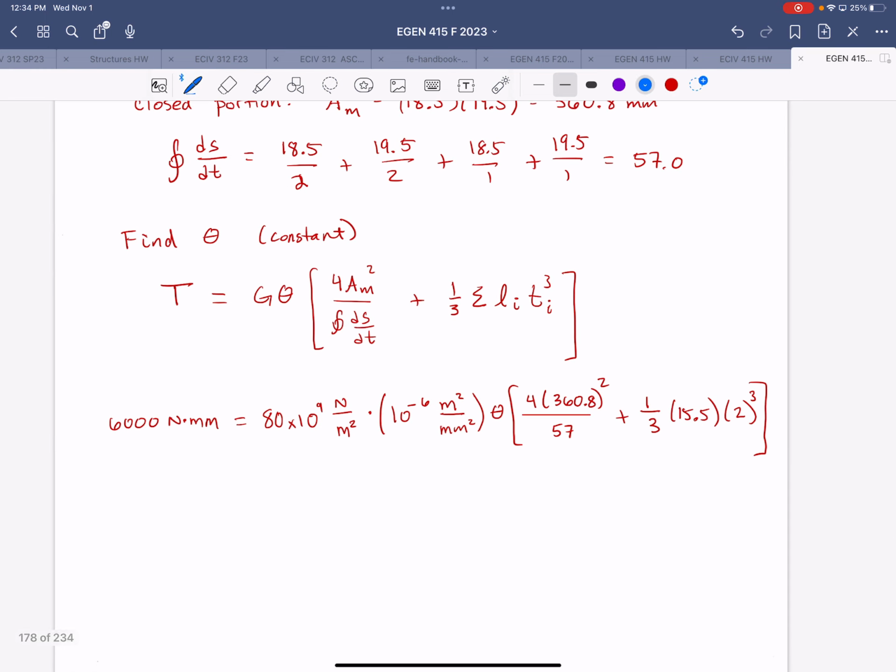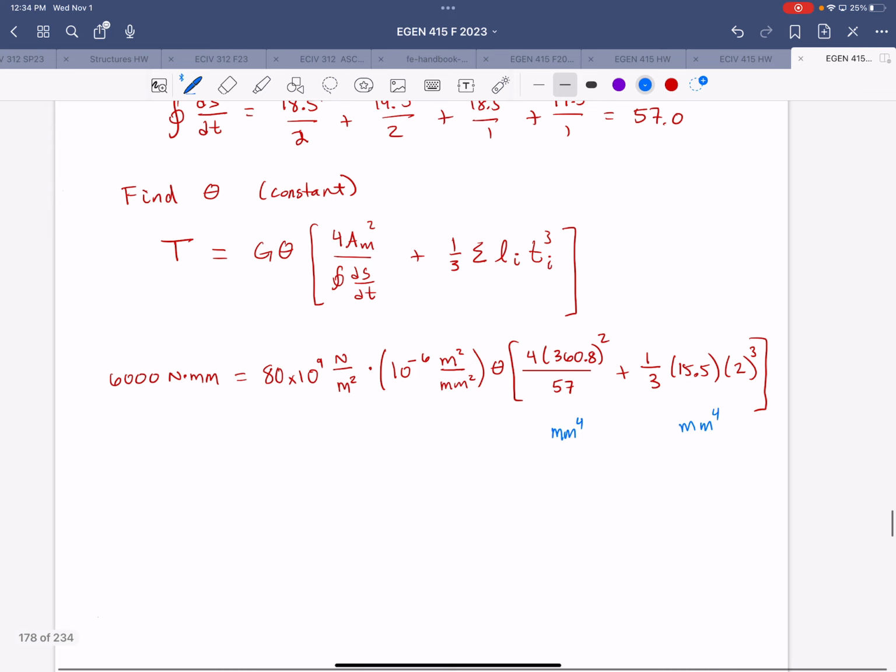All right, so just gut check, make sure we have consistent units within that bracket. So first term, we have millimeters to the 4th from this right here. That's the only value in that ratio that has units. And from the second term, we also have millimeters to the 4th. Solving for theta, we have 8.18 times 10 to the minus 6.